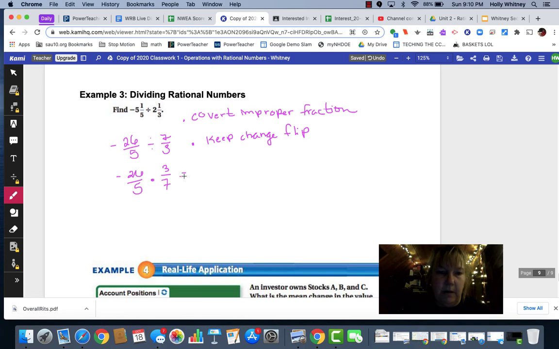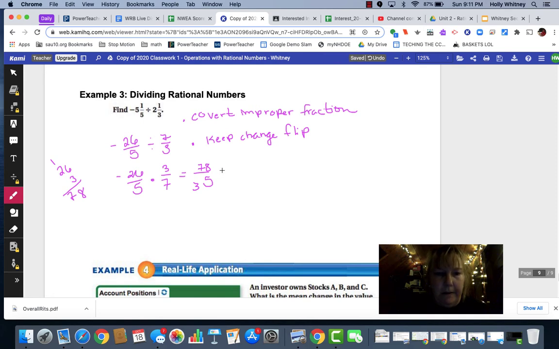I don't think there's any way I can simplify this. So we say 26 times 3, which is 78. And then 5 times 7 is 35. So we get 78/35.